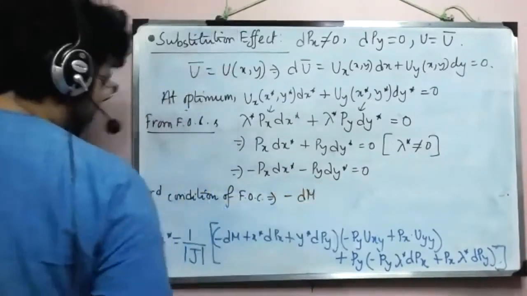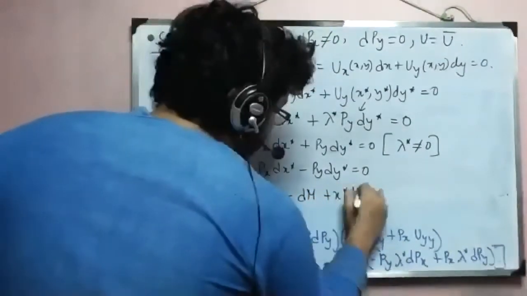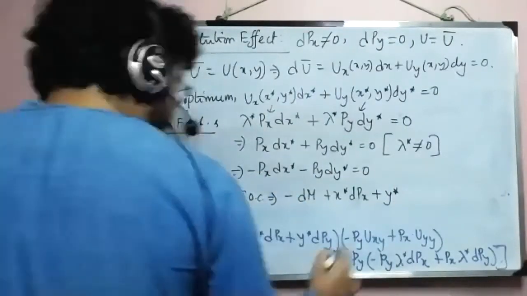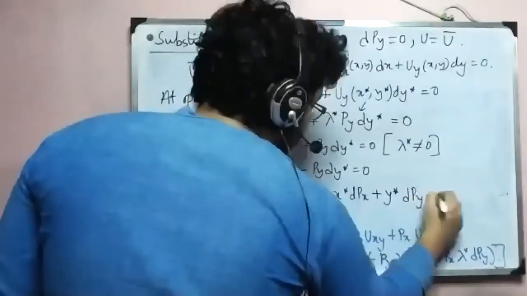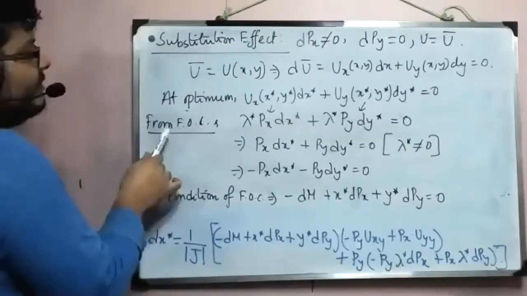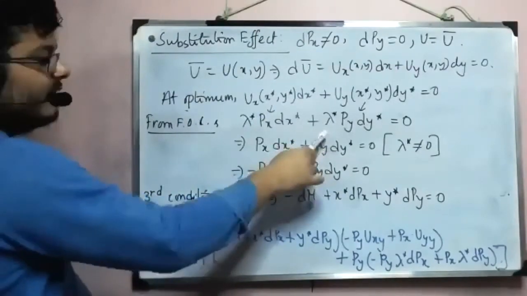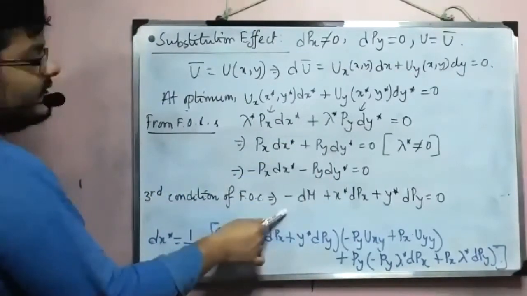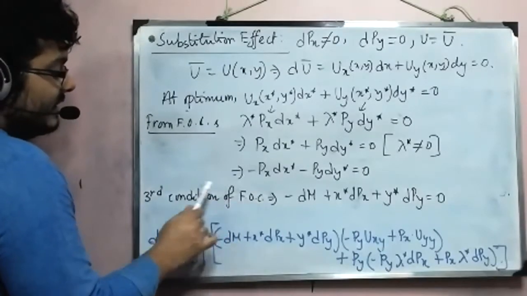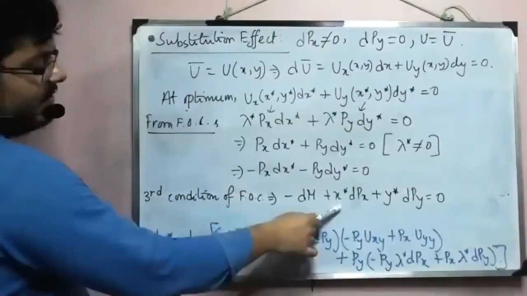So minus dm plus x star dpx plus y star dpy equal to 0. Okay, so I'll just say it again. We used the first order conditions here to write this. Okay, and then if you look at the expressions that we obtained from totally differentiating the third condition of FOC, then this is what we have.